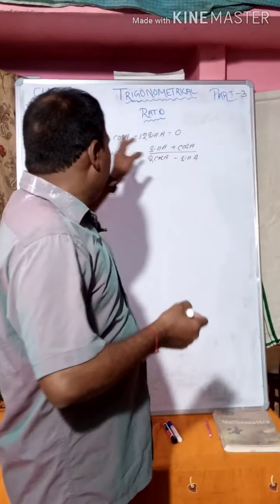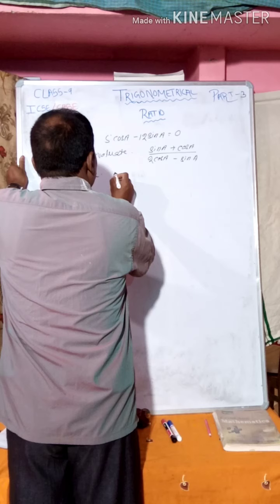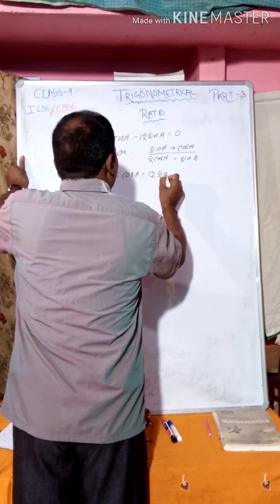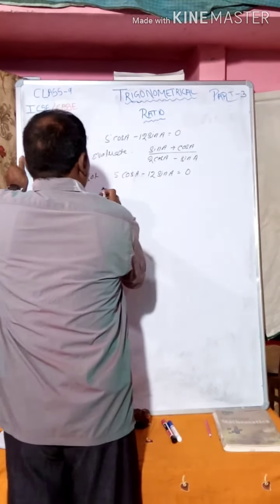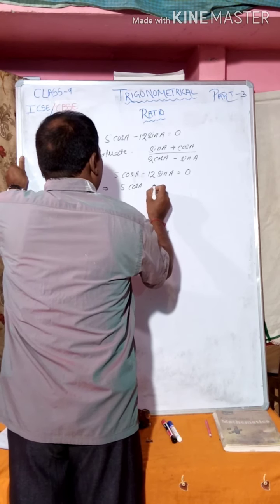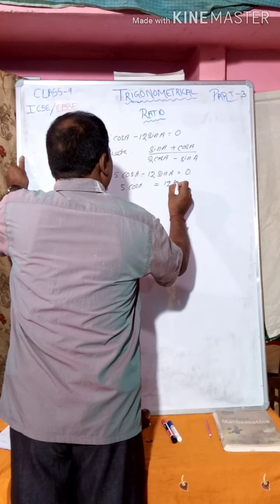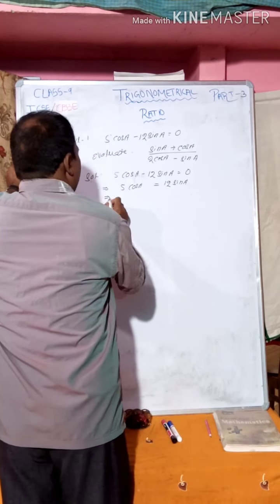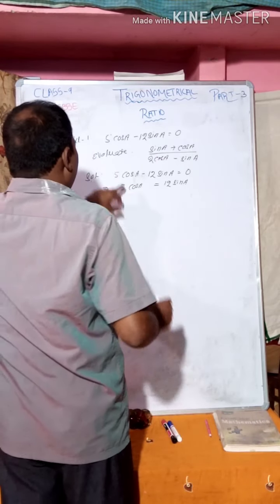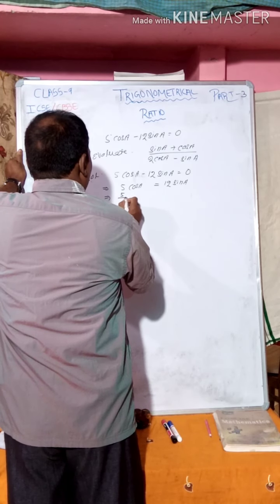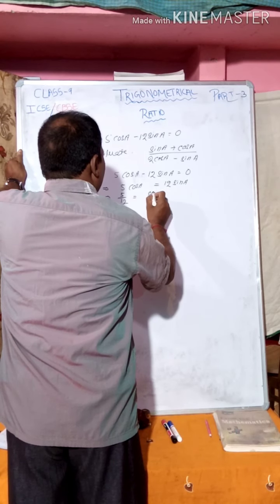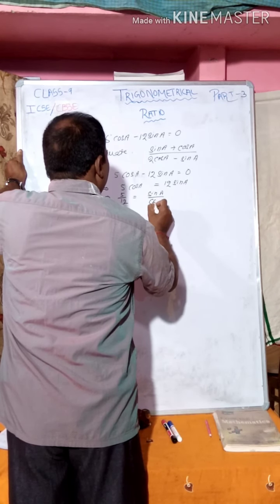Taking the given point, 5 cos A minus 12 sin A is equal to 0, which implies 5 cos A is equal to 12 sin A. Dividing, sin A upon cos A is equal to 5 upon 12.